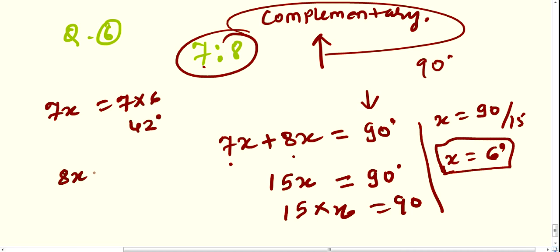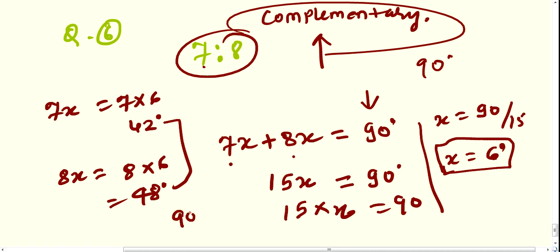Then 8x, 8 into 6, that is 48 degrees. So 42 and 48 degrees are the required angles, and 42 and 48 add up to 90, so definitely you are doing it right.